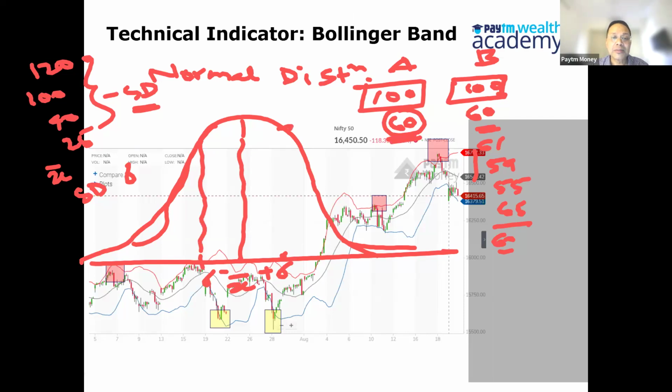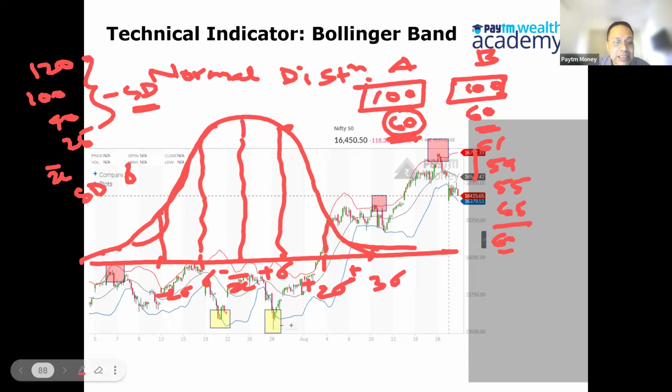Right? Now, if you add two standard deviations to the mean, and if you deduct two standard deviations from the mean, you get a bigger range. Right? If you add three standard deviations to the mean and deduct three standard deviations from the mean, you get an even bigger range.